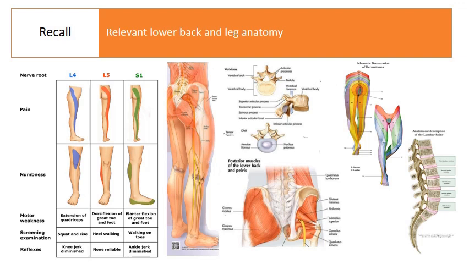The S1 nerve root starts in the lower back, comes over the buttock, posterior knee, and the posterolateral aspect of the calf into the lateral aspect of the foot. This is important when you're taking history for the patient. If they give you this typical distribution, it helps you to identify which nerve root is involved in the pathology.